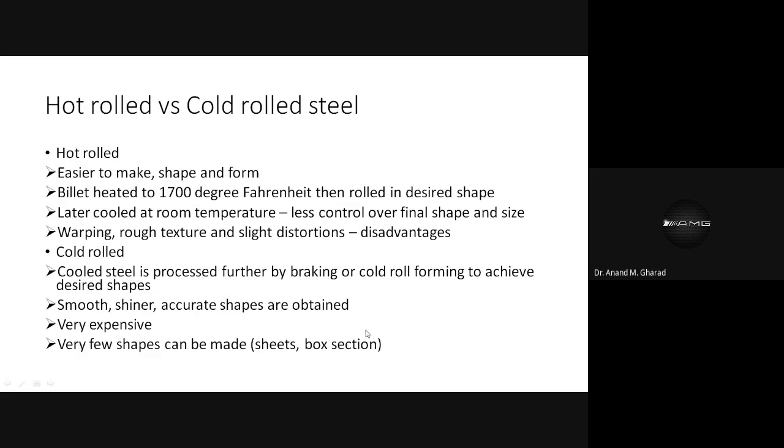Okay, and you will hardly find cold formed steel, cold rolled steel, forming a main member of any structure like the column and beam. Okay, you will never find. Those who have a lot of money can afford it, but it is not recommended.